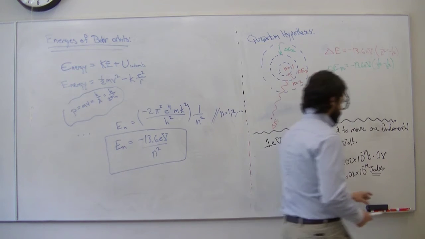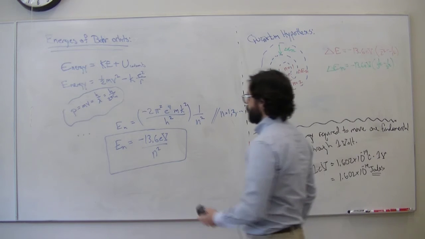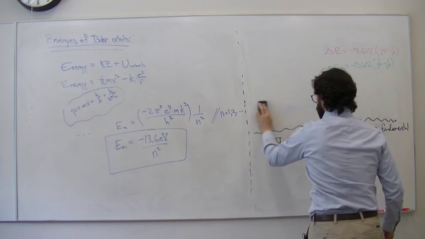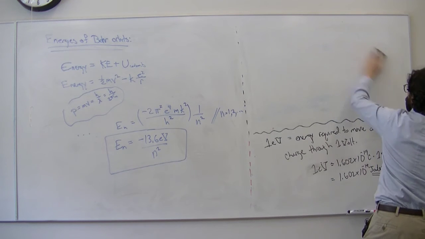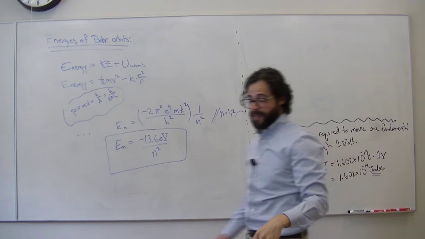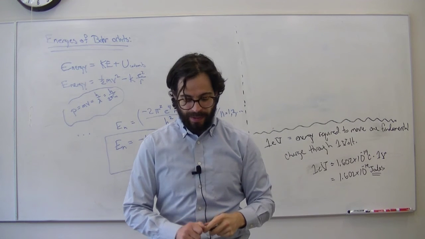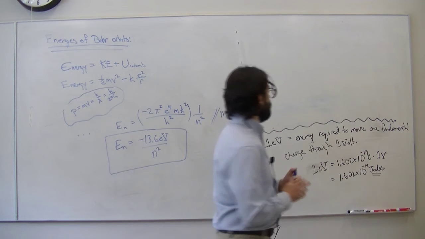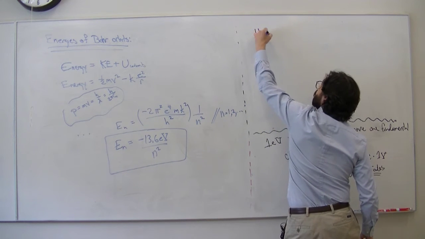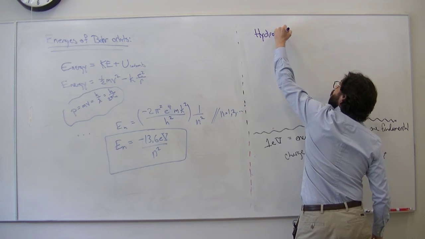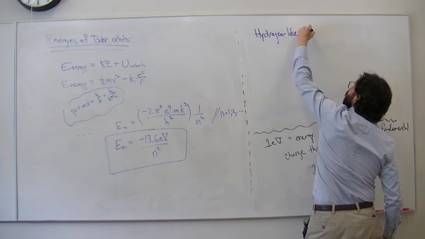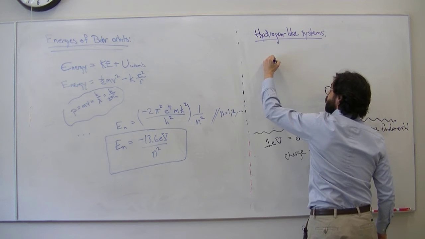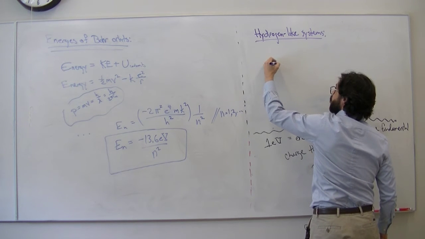Note number 2, this is just really because it's in physics textbooks. And I guess if there's any reason for it to be in physics textbooks, hydrogen-like systems are really a warning to not use the Bohr model for anything else. A hydrogen-like system is any number of protons.